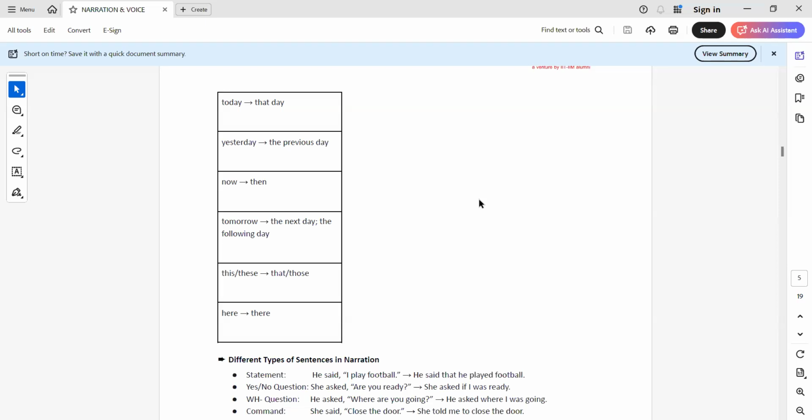The next rule says that मतलब किस तरह के different type of sentences you will be asked. A normal statement, I play football, इस तरह के. नेक्स्ट इज yes or no question, are you ready? तो इसमें yes no वाले क्वेश्चन में specifically you will have to understand the tense, कौन सा tense है, only then you will be able to change that into the respective tense. ठीक है. अगर नहीं समझ आ रहा है कि कौन सा टेंस है तो फिर उसका रिस्पेक्टिव चेंज नहीं कर पाओगे, that will automatically be wrong.